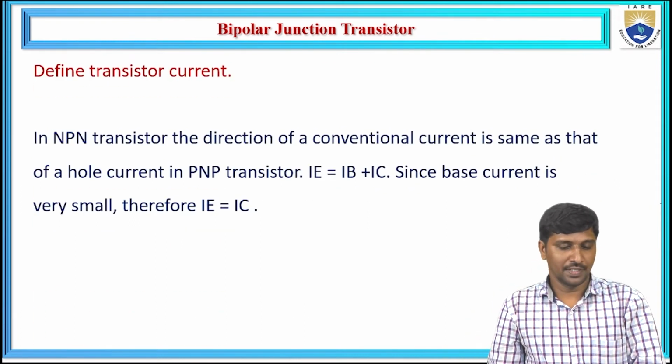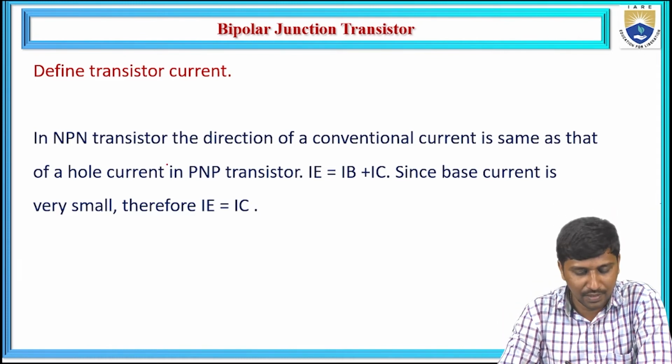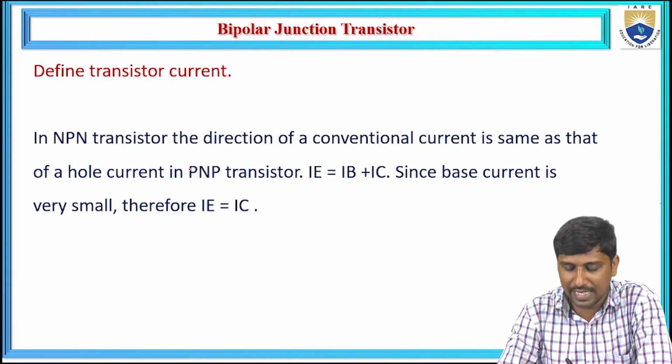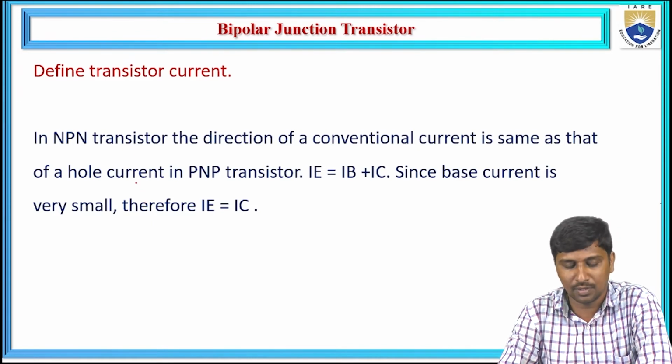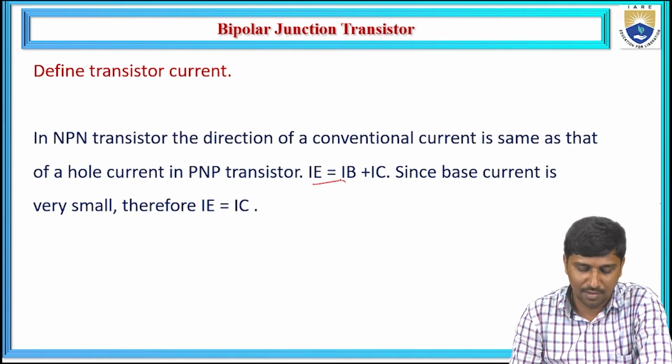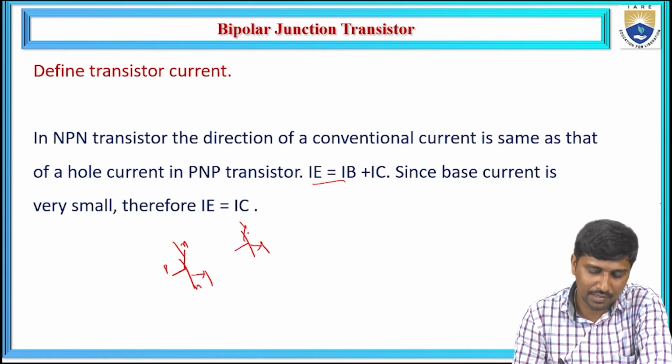Now, define transistor current. In an NPN transistor, the direction of the conventional current is the same as the hole current in a PNP transistor. The total transistor current is defined this way because we have two transistors: one is the NPN transistor, another is the PNP transistor.